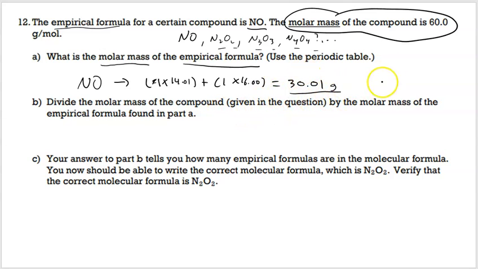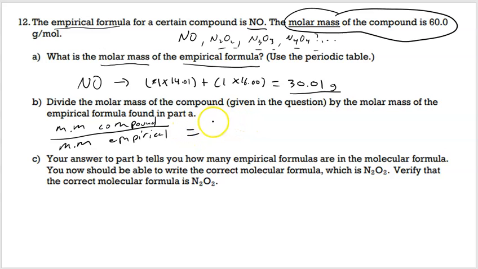And this is all we'll do. We're going to take the molar mass of the compound over the molar mass of the empirical formula. And that's going to give us a whole number, typically, all right?